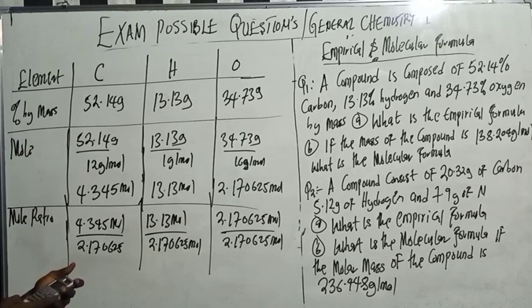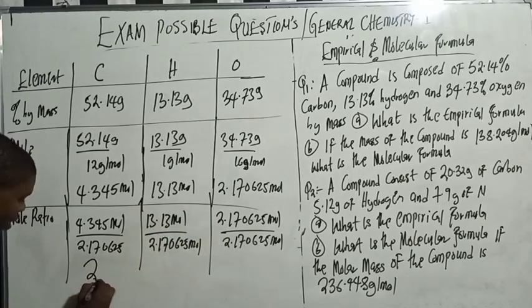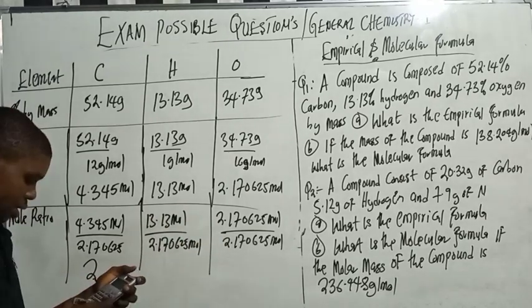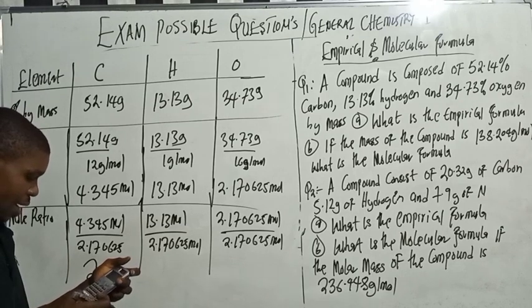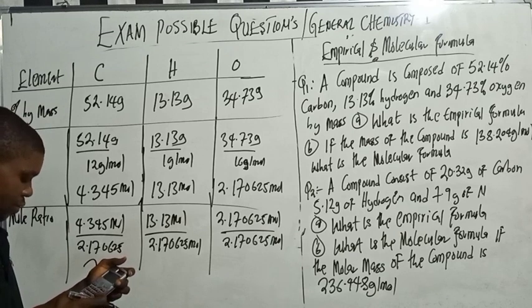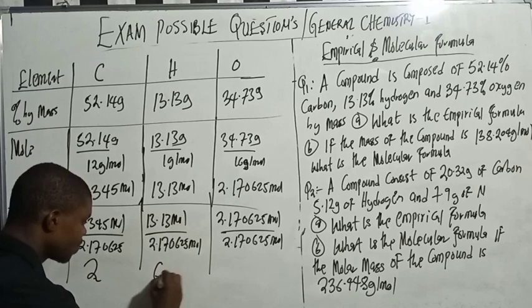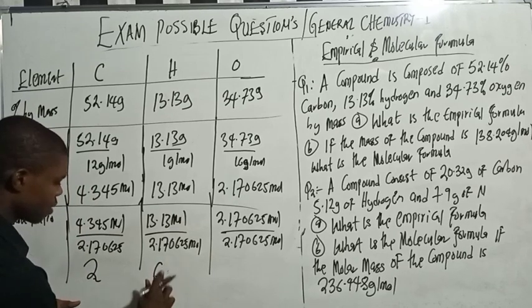4.345 divided by 2.170625, so you have 2.00, so you can leave it as 2. Then 30.13 divided by 2.170625, so you have 6.0, so you can leave it as 6.